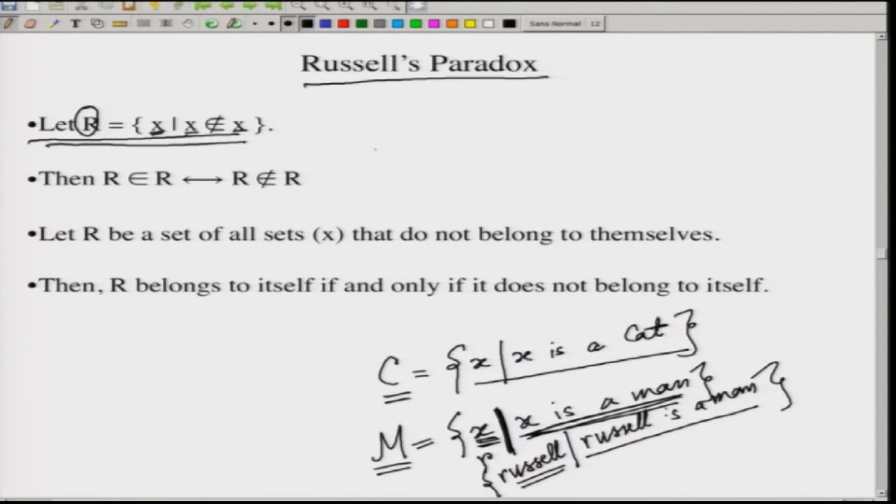So, if R is plugged in here, we get that R does not belong to itself.